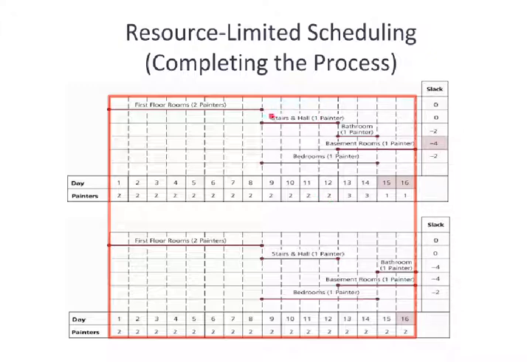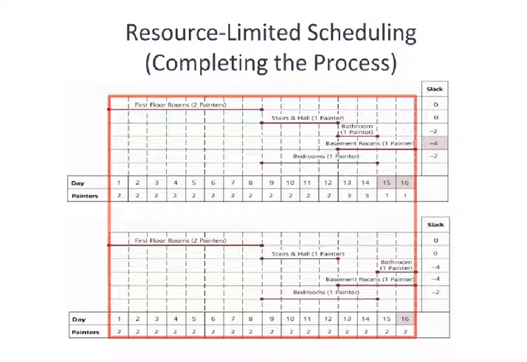We need 1 painter in the hallway, and we need 1 painter on the bedrooms, which has negative slack at this point, so it's now on our critical path, so we don't want to shift it further. And therefore, we're going to shift the bathroom and the basement room.